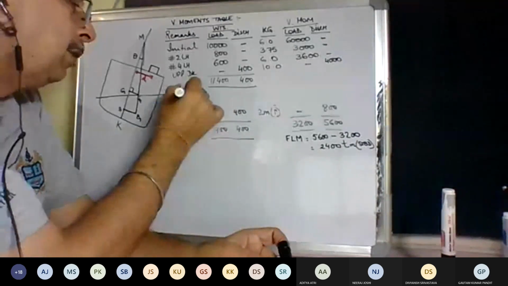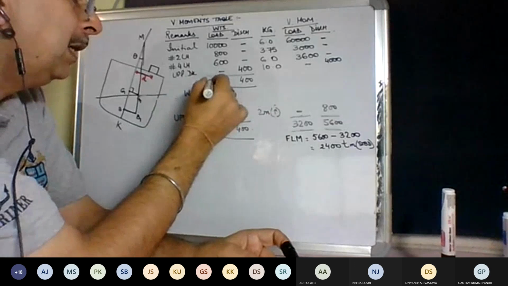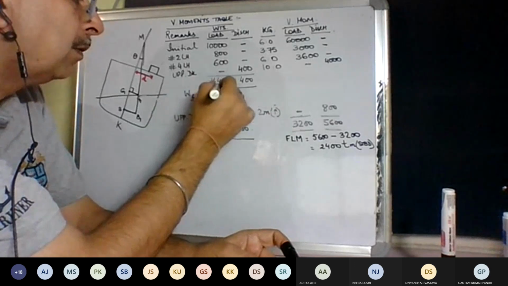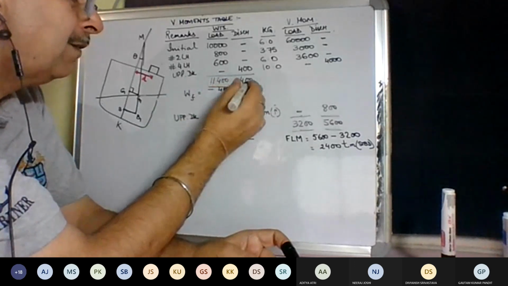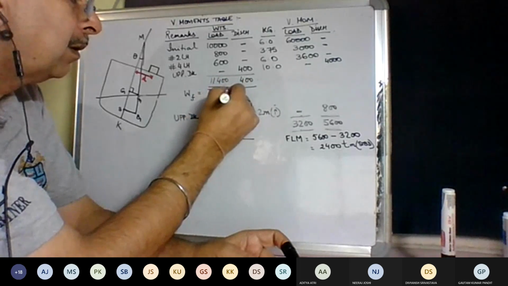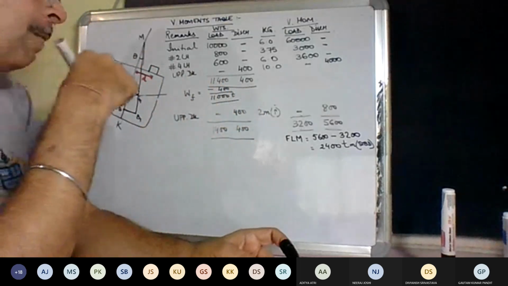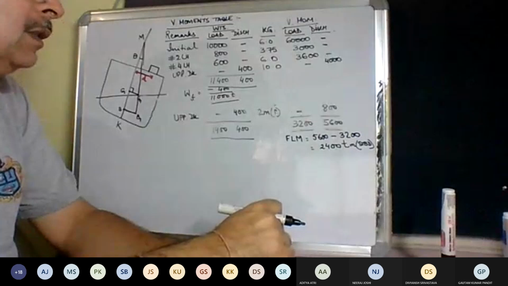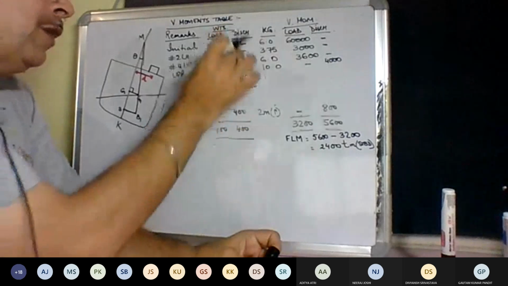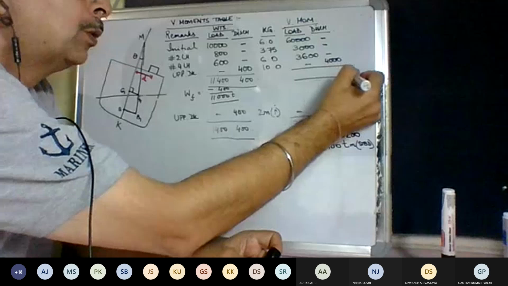The W final will be 11,400 minus 400 ये वाला, that will be 11,000 tons. This is my W final. Is this okay with everybody? Yes, sir. Okay.